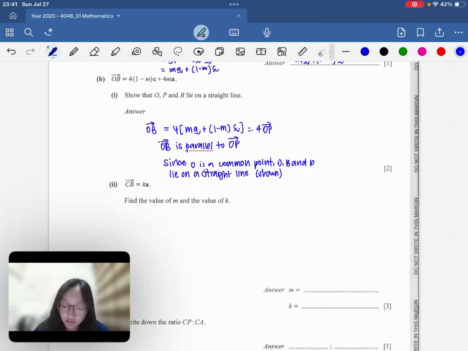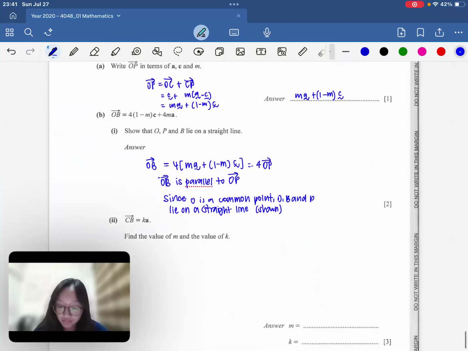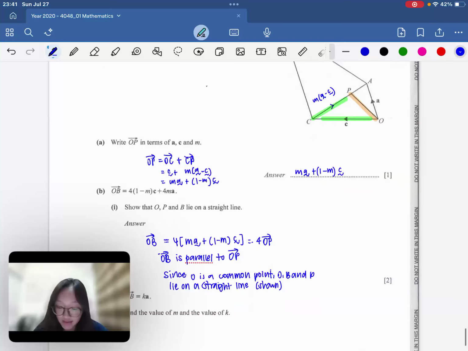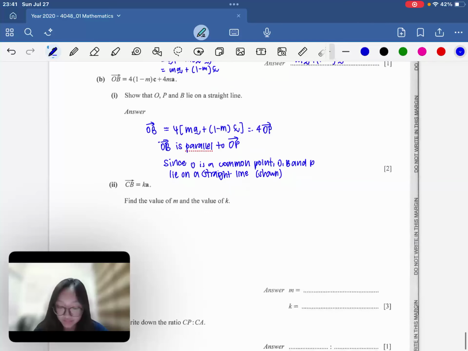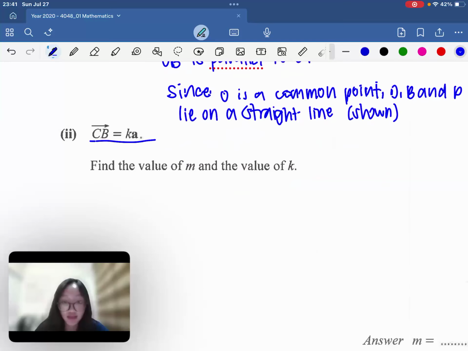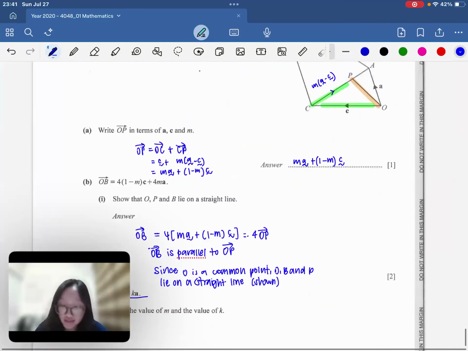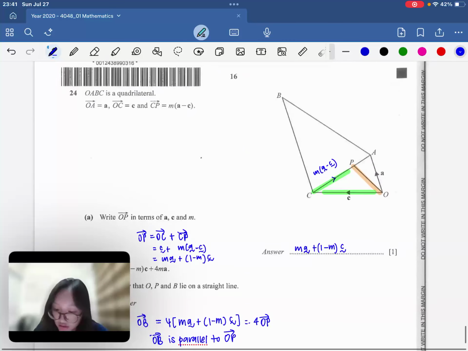For part 2, they want us to find the value of M and the value of K. They give us the information that CB is equal to KA, so we're going to make use of that. So what is CB? Let's go back to the question. CB is over here.